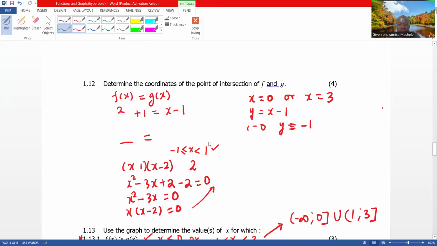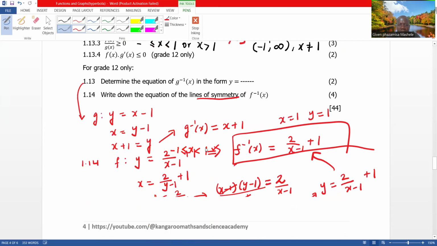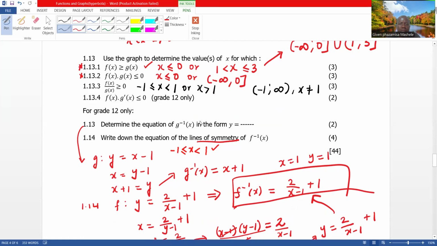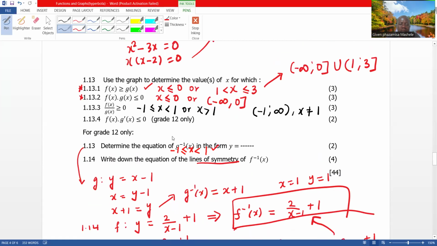I just want to rewrite this because it looks like the values are not right. So let me write the answers here using a pen.